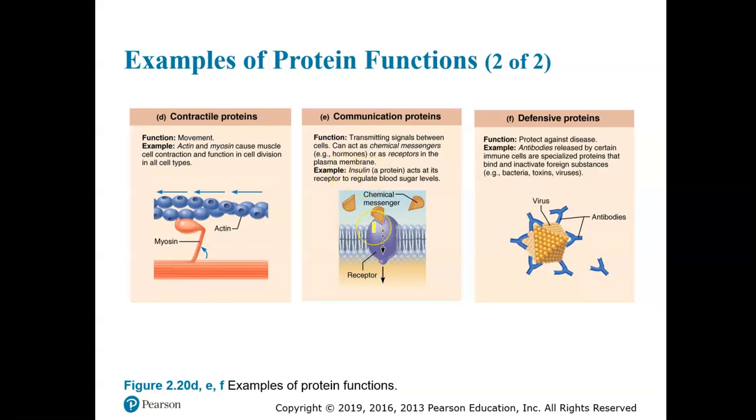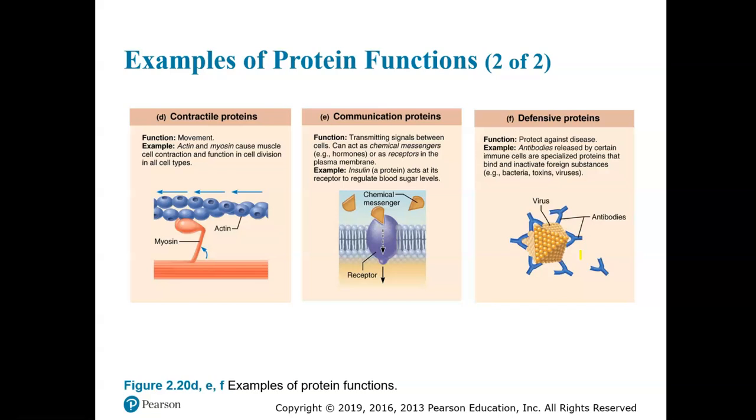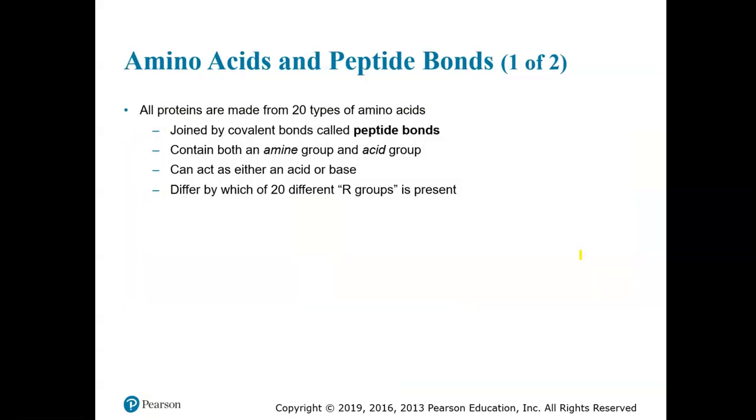Insulin is a protein hormone, and it helps to regulate blood sugar. Then we have antibodies or immunoglobulins. They're shaped like Ys, like upside down letter Ys. And antibodies will help to destroy certain pathogens like bacteria and viruses.